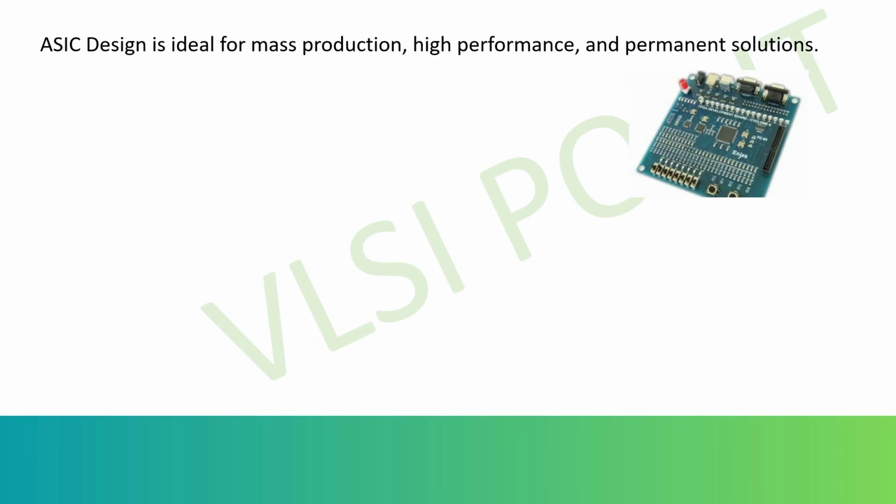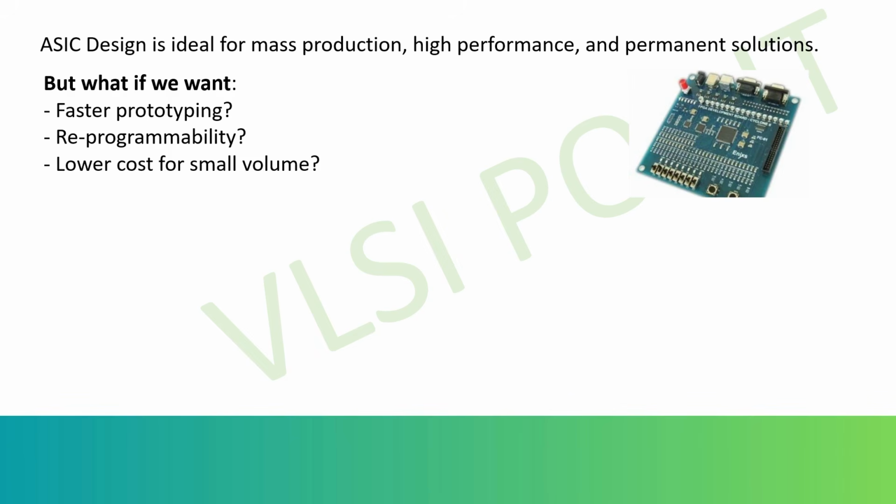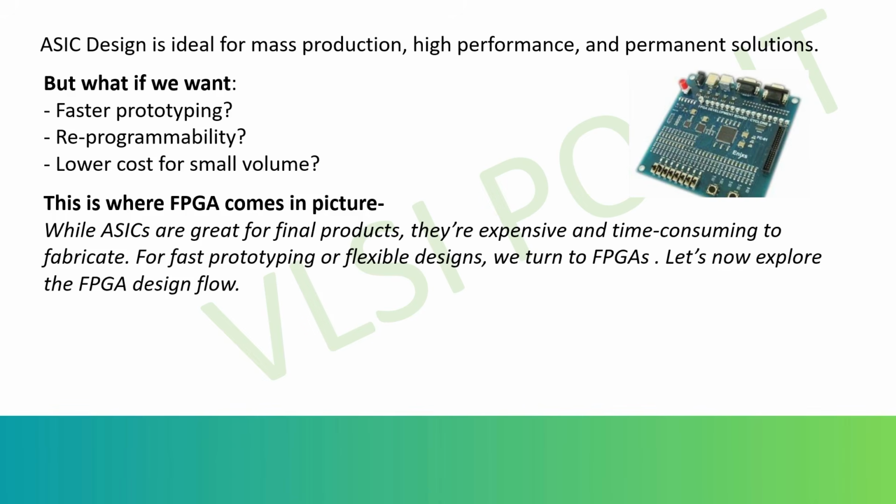However, FPGA requirements are a little different. FPGAs are flexible, fast, and ideal for prototyping. However, ASICs are powerful, efficient, and ideal for mass production. For FPGA testing, you can use an FPGA development board like Xilinx or Intel boards. Then you can do HDL coding using either Verilog, VHDL, or SystemVerilog.